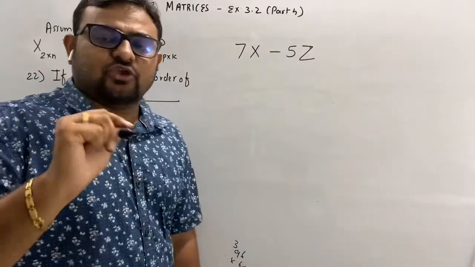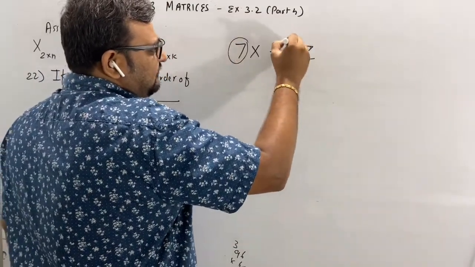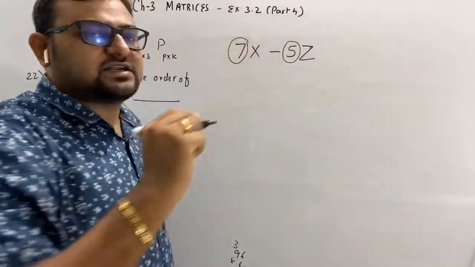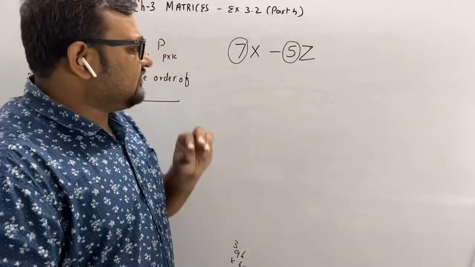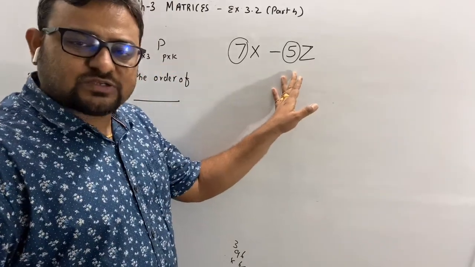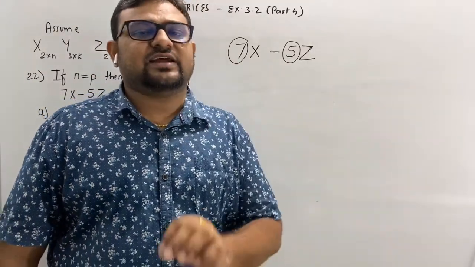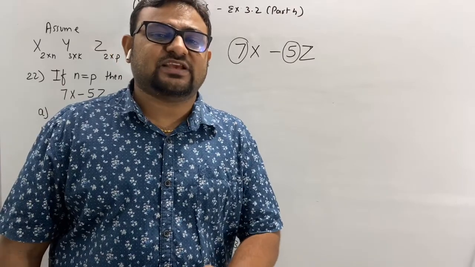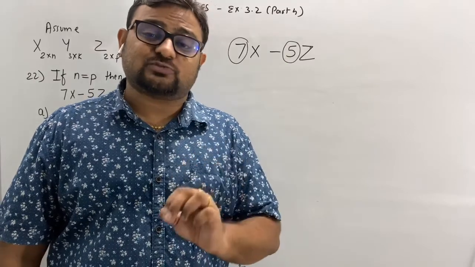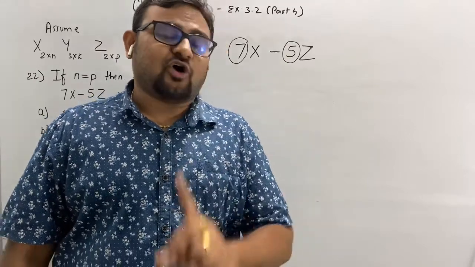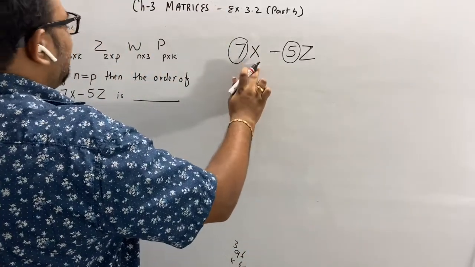Now remember, you have to find out the order. So this 7 and 5 both are scalars, so it will not matter. We can ignore the scalars because multiplying a matrix with a scalar number doesn't make any difference in the order. Okay, each corresponding element's value will change, but the order will remain same. So, what is the order of X?